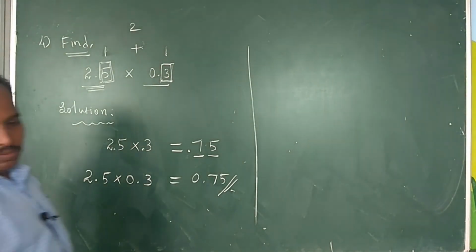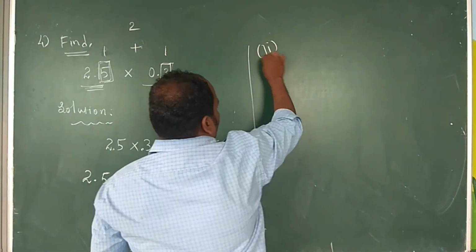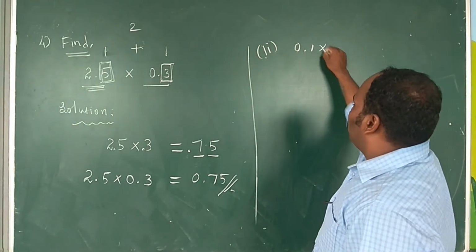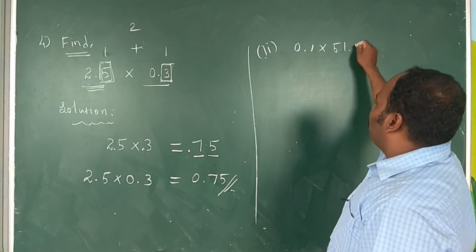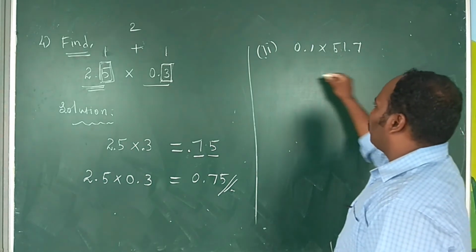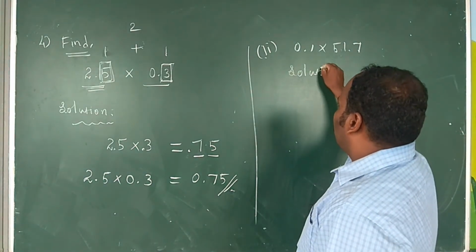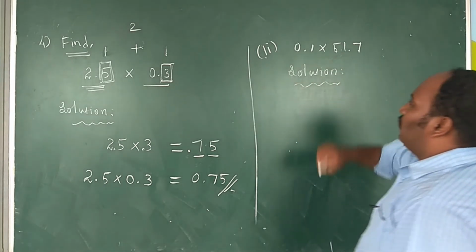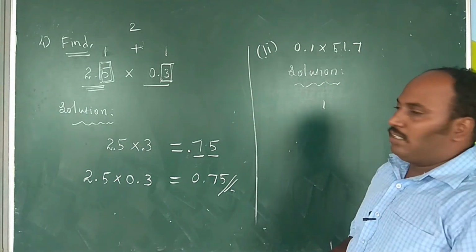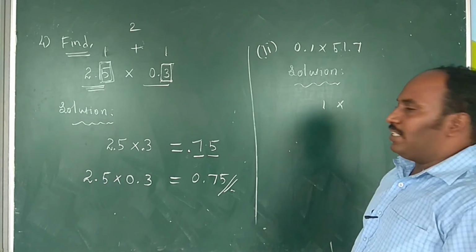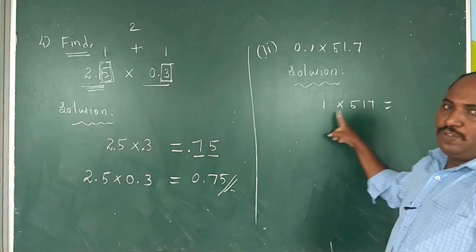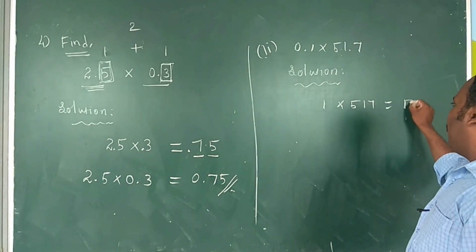The next one, second one: 0.1 into 51.7. First we multiply without the decimal point. 0.1 becomes 1, into 517 is equal to 517.